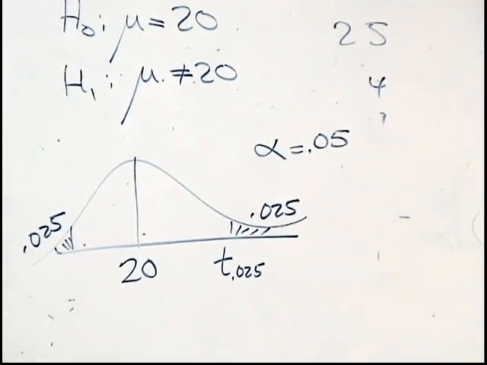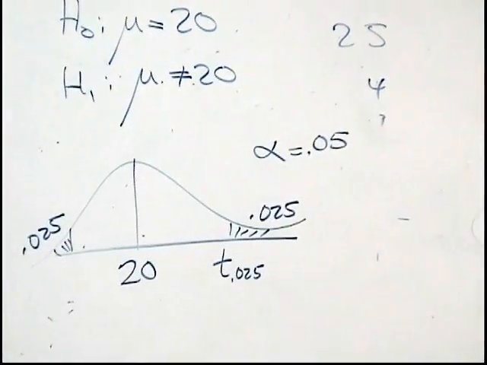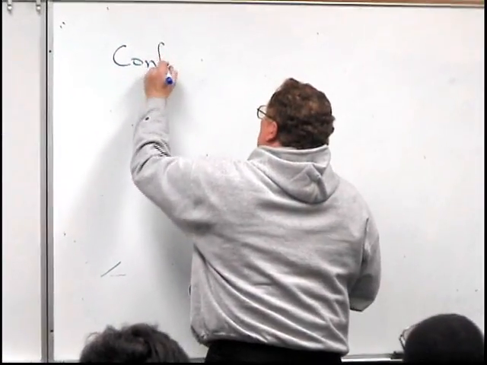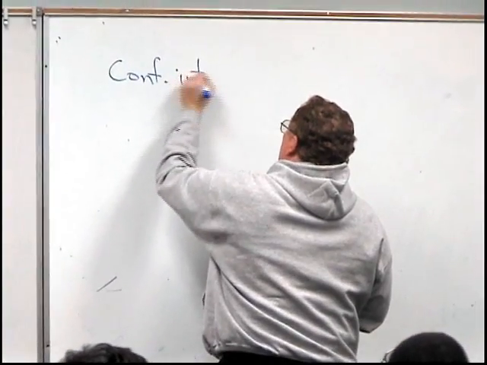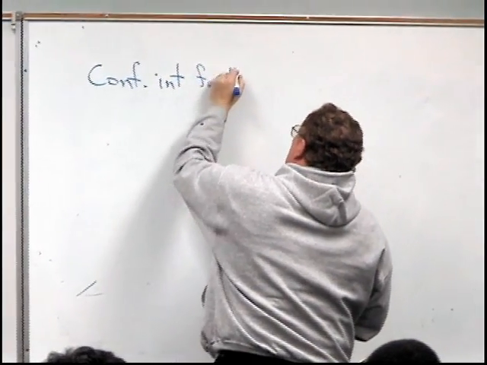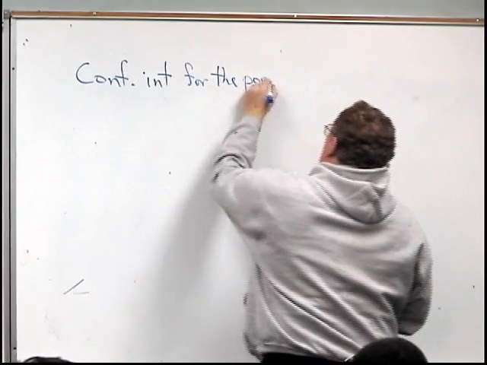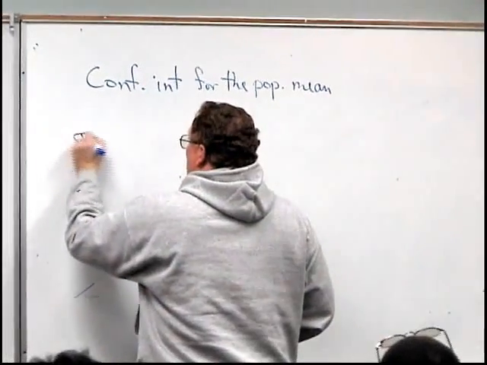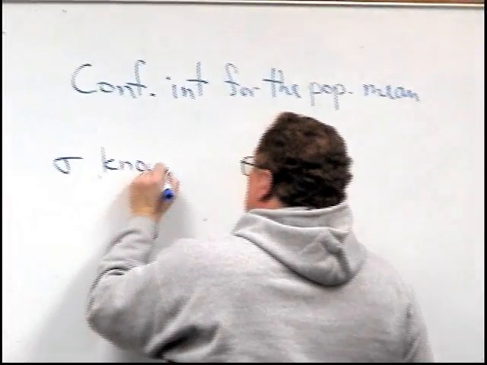So let's move on and talk about confidence interval. By now, we should be really good. This is going to go quickly. I want you to find the confidence interval for the population mean. Same issues.